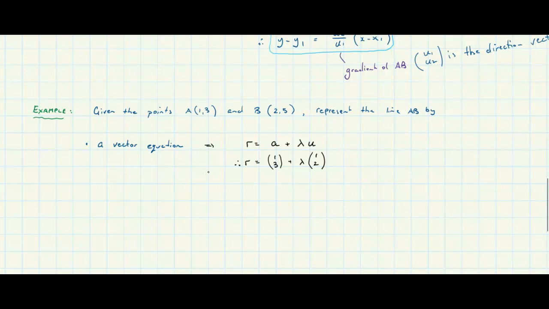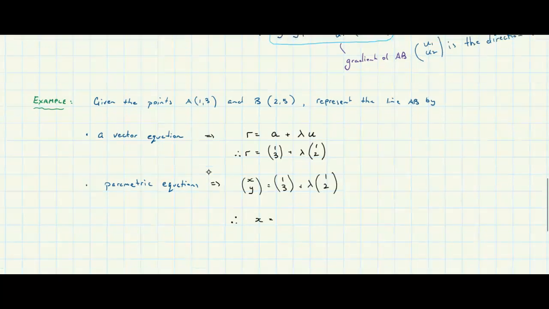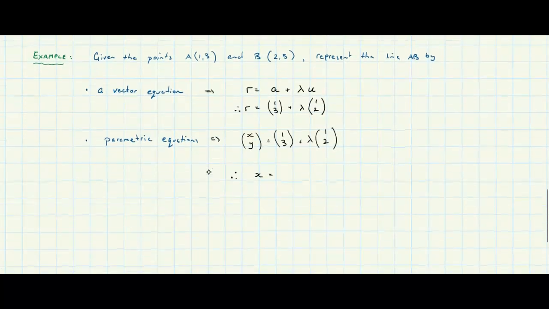Now that leads into our parametric equations. Our parametric equations come from this, and we now just rewrite r as (x, y), and the rest we just take from our vector equation. So we can just peel off the top line, extracting our x and y equations from our vector equation.